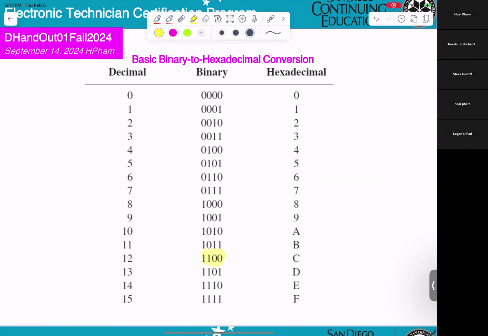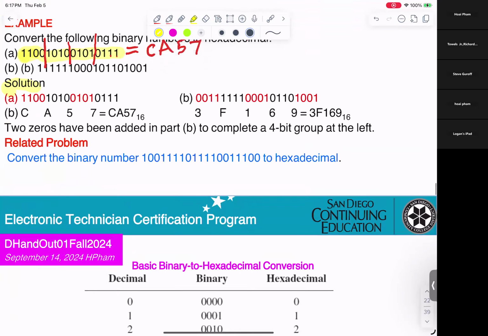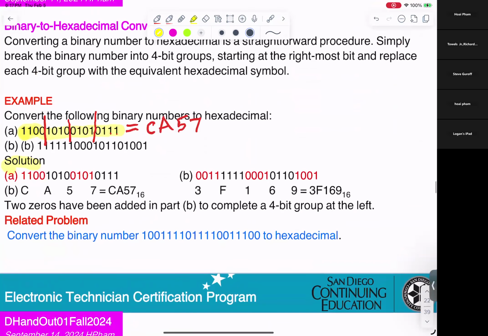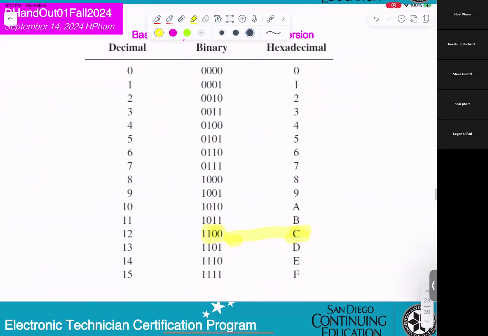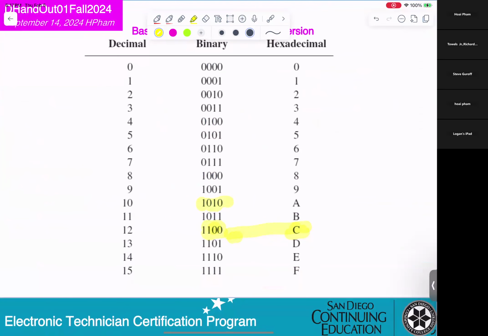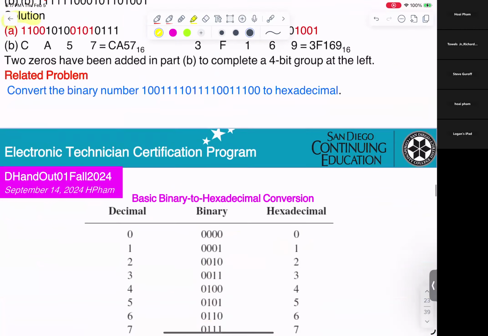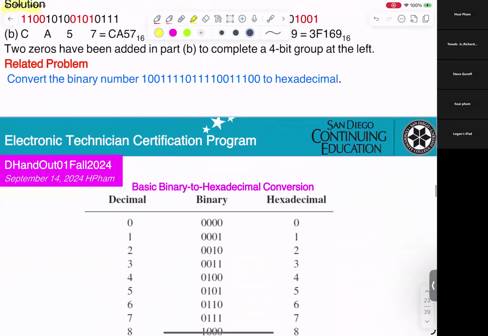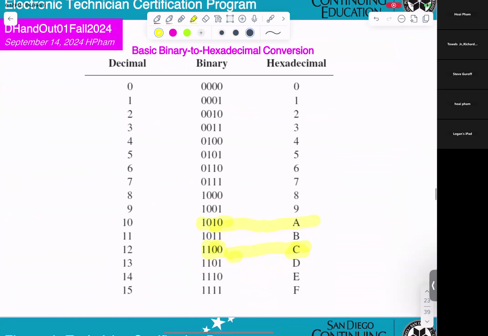Binary, you go in here, hex will be C. The next one, 1010, that will be A. And the next one, 0101, number 5.